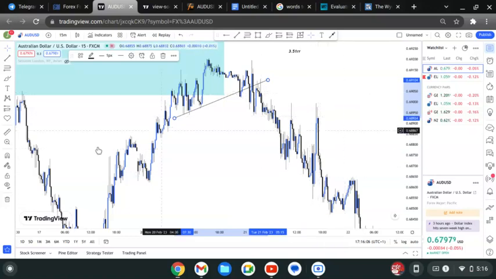So if I did wait on this trade, I didn't wait for confirmation entry. If I waited for confirmation entry, I guess this is where I would have entered from, and I would have taken a loss.